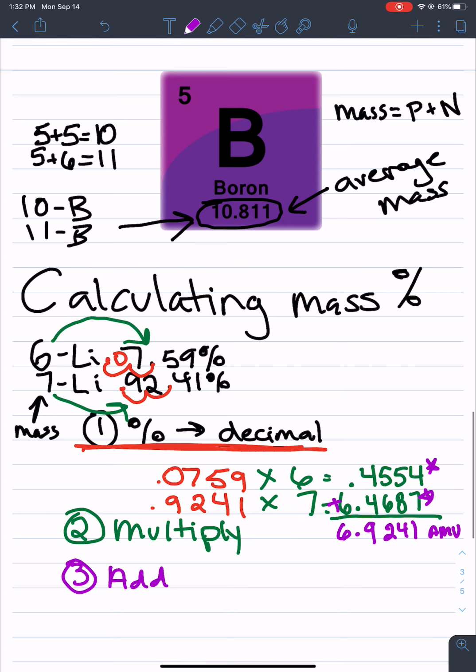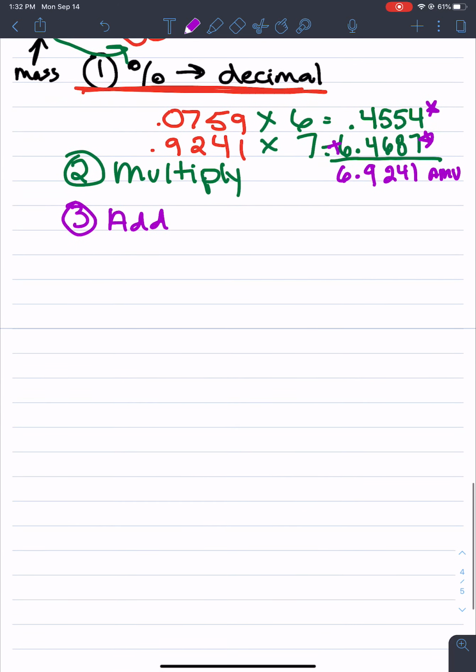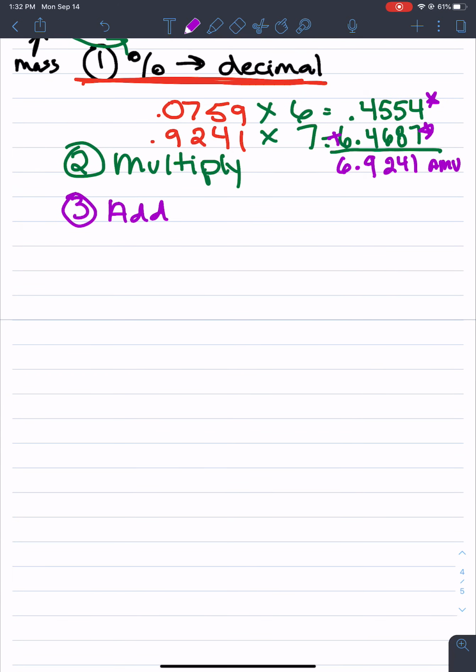So let's just do one more really fast. Let me give you some numbers. I would suggest pausing the video to see if you can figure it out, and then coming back to look at the work I'm doing. We're going to work with neon now. Neon has 3 isotopes, so this time we're going to do 3 different things. We have 20 neon, 21 neon, and 22 neon.